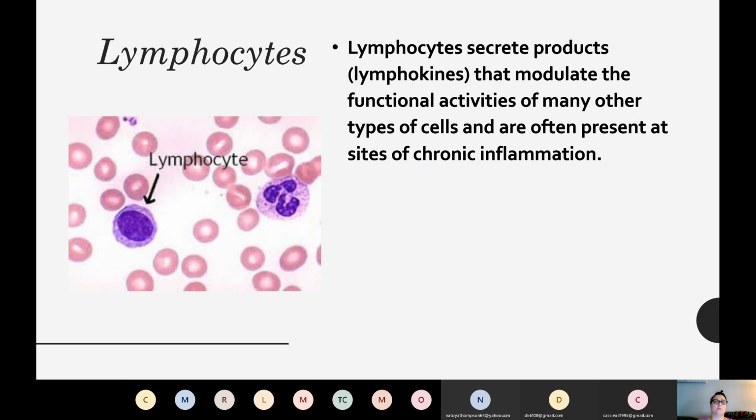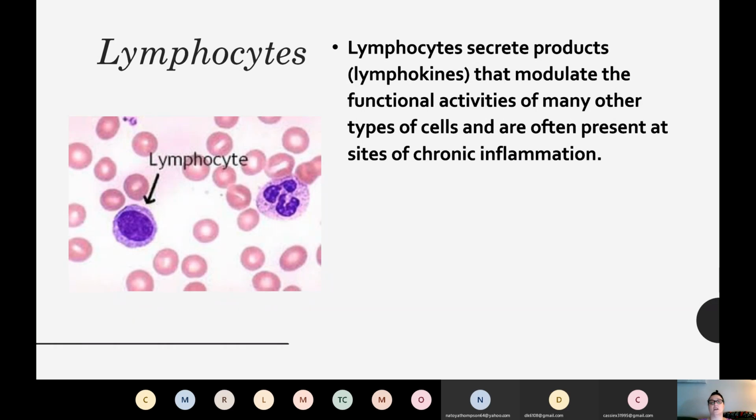A lymphocyte is our next term, okay? Now, a lymphocyte, they produce lymphokinase. And you're like, what is that? Here's the easy way to remember it. Whenever there's inflammation, something swollen or inflamed, whenever there's itis, we see a larger amount of lymphocytes.